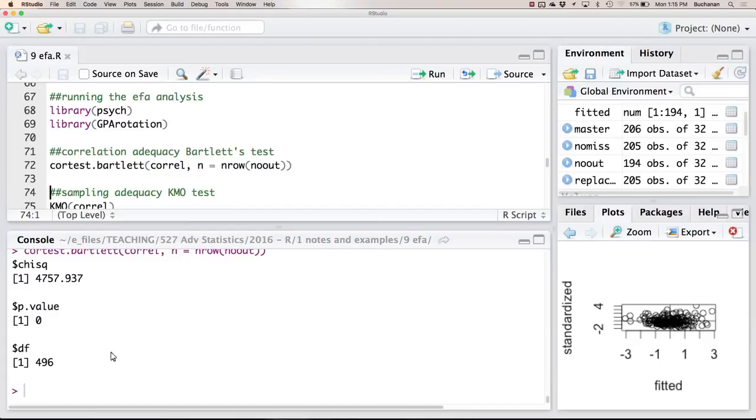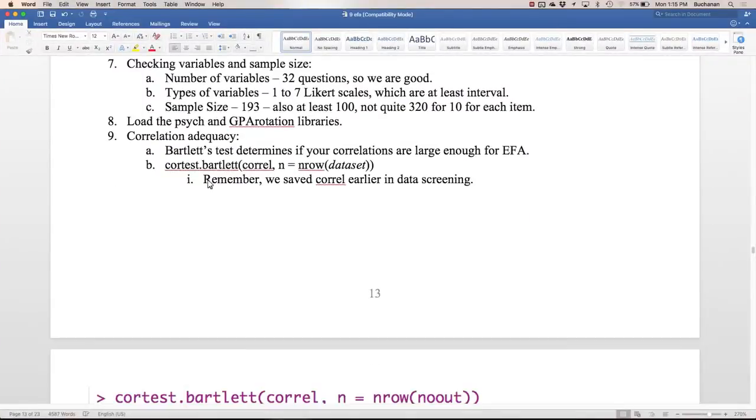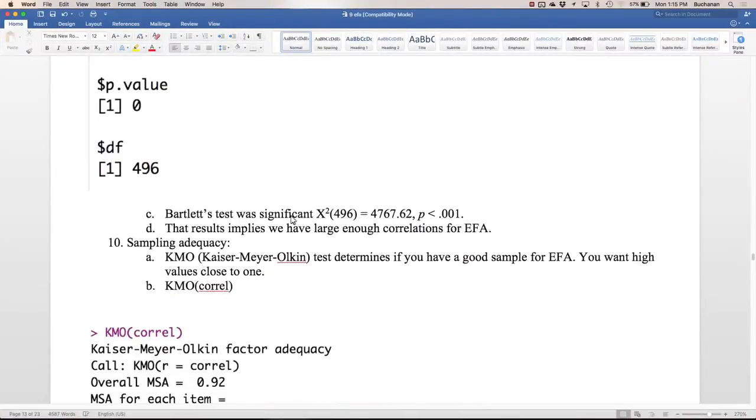Are my correlations larger than 0 is effectively the question. And yes, by a lot. But I've got 496 degrees of freedom, so take it with a grain of salt. You would write that up with chi-square of 4,000, p less than 0.01. Yes, I have large enough correlations for EFA.